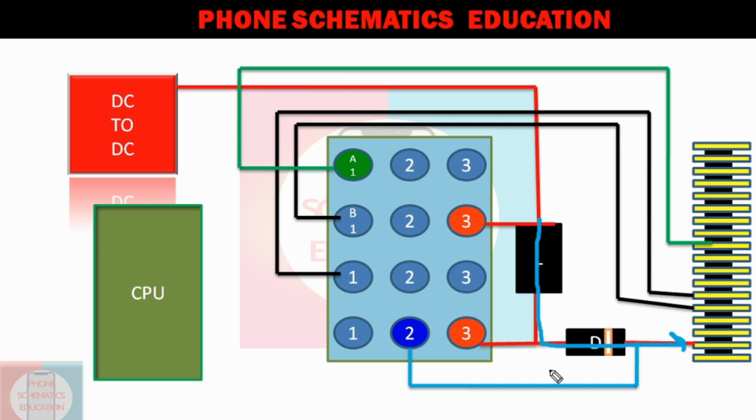Maybe you will be confused, right? Maybe a problem in the CABC line, maybe a problem in the controlling section of this IC. So how to find these problems?